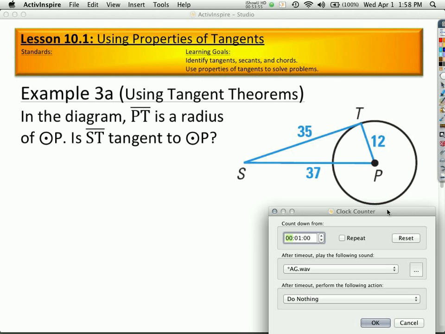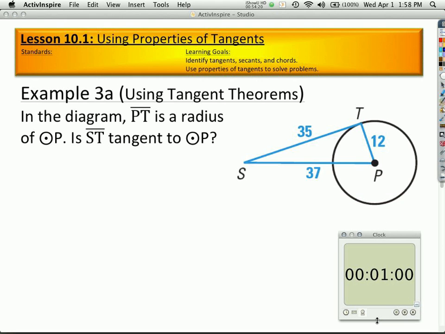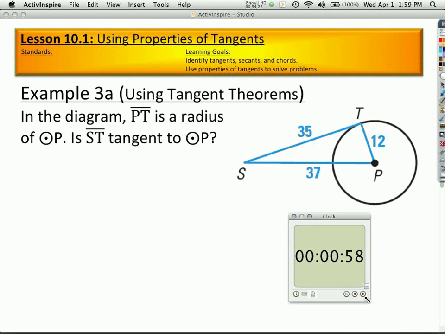So, we are going to somehow use the tangent theorem to try and prove that ST is a tangent. You're going to take 1 minute as a team to talk, and see if you can come up with a path of logic that will allow us to prove that ST is a tangent. So go ahead. You got 1 minute. Come up with something.